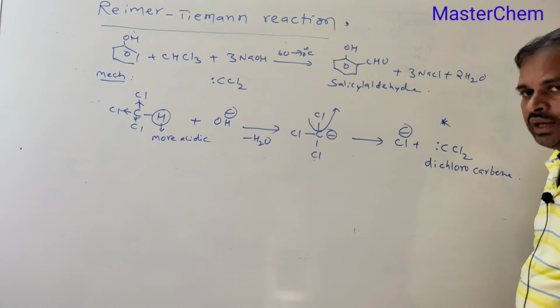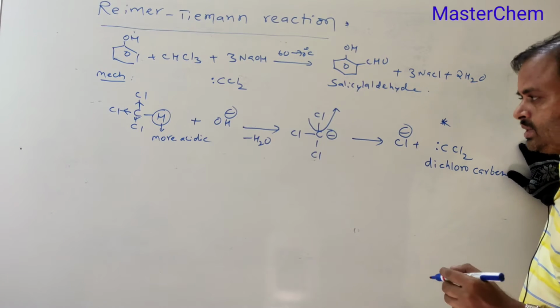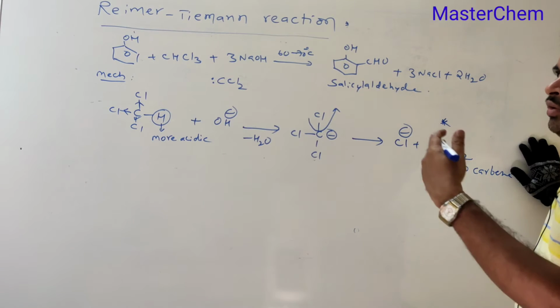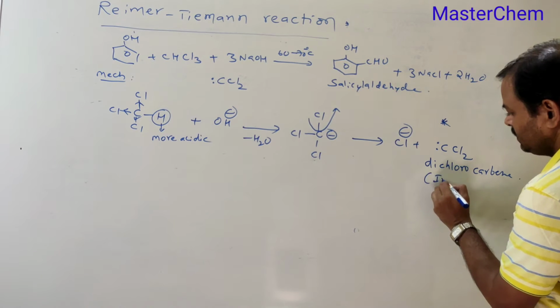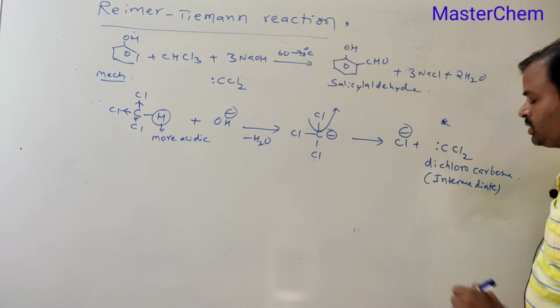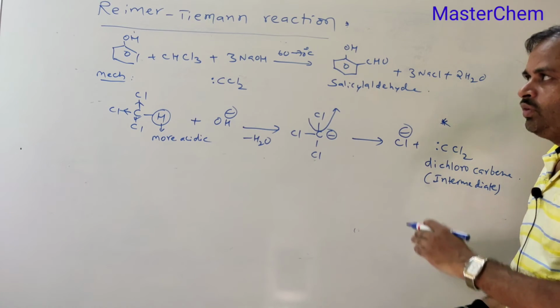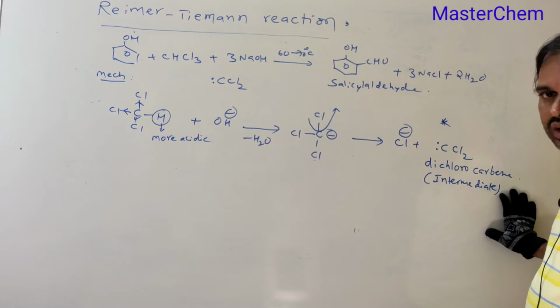Say, a previous examination question: which of the following is a neutral electrophile, or which is the intermediate in the Reimer-Tiemann reaction? What is this? This is the intermediate. Which of the following is a reaction intermediate in the Reimer-Tiemann reaction? What is your answer?